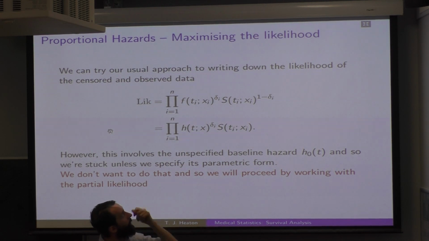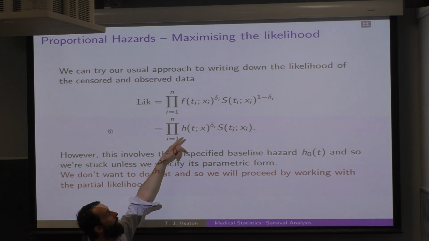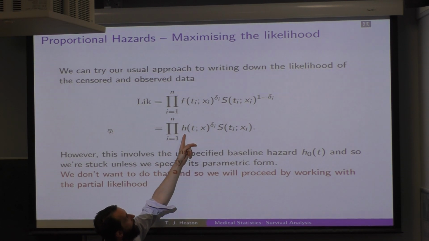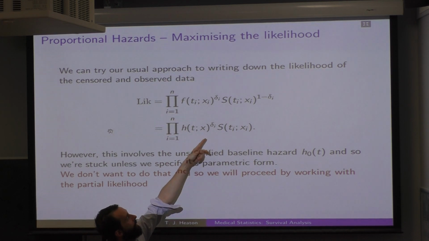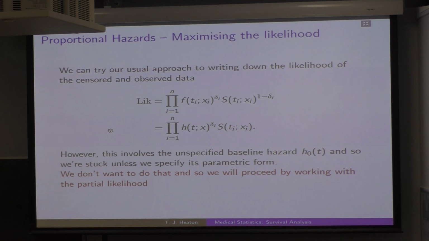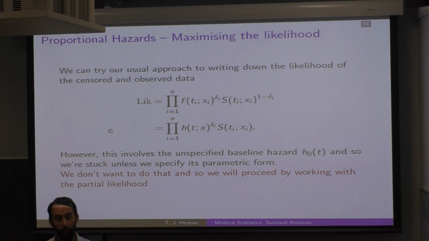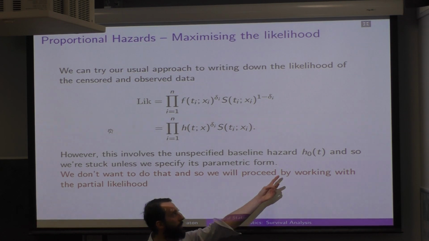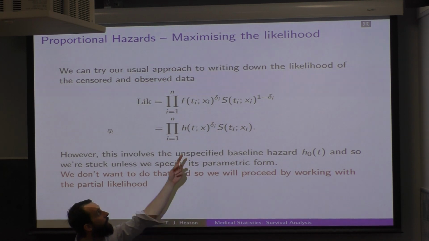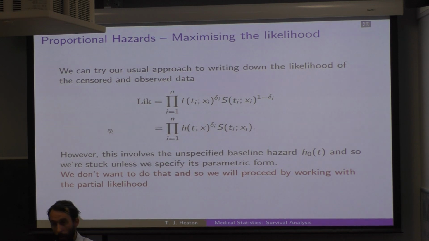The problem with that is that if I try and work that out, I get something that I can rewrite as this particular thing at the bottom: the hazard times a survivor function. But the problem is I haven't specified what the baseline hazard is going to be, and I don't want to specify it. This term includes a baseline hazard.